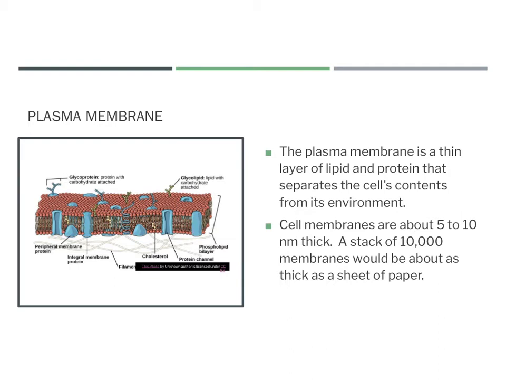Cell membranes are about 5 to 10 nanometers thick. Okay, so that's super tiny. A stack of 10,000 membranes would be as thick as a sheet of paper. And that's not length or width like the 8x11. I'm talking about the thickness, which is so thin. So 10,000 membranes stacked would be the same thickness as your piece of paper right now.